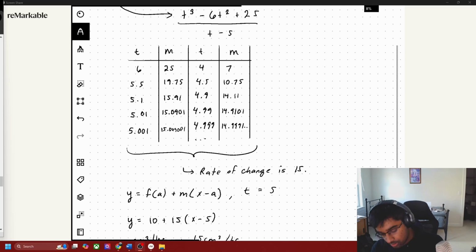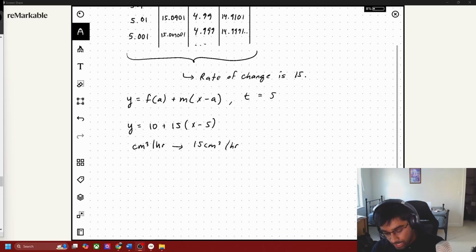It's not a constant, like, amount of air is not being pumped into the balloon. So at this instant in time, you're having 15 centimeters cubed. At t equals 6, you might not have the same amount of air being pumped up. So imagine it's like a really faulty air pump or something that likes to change its air output periodically.